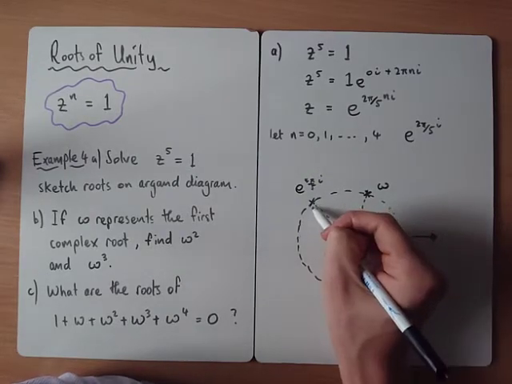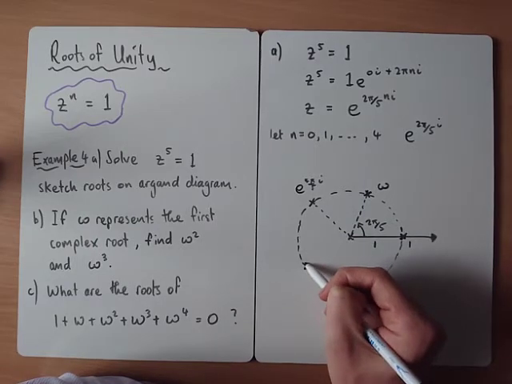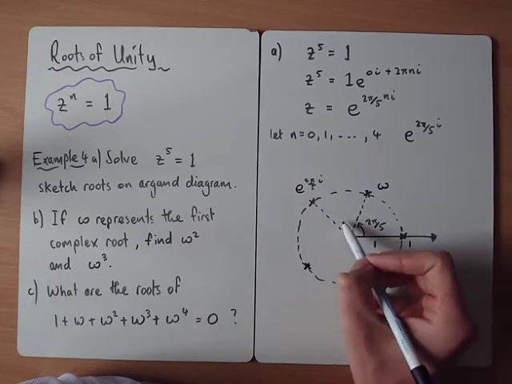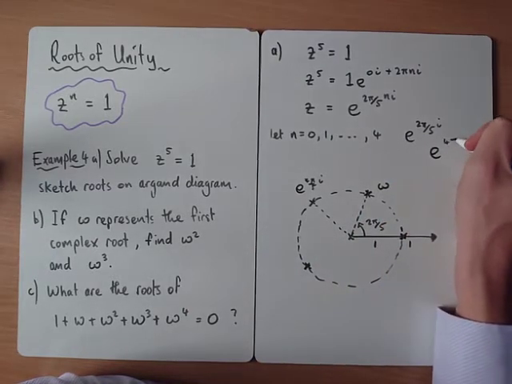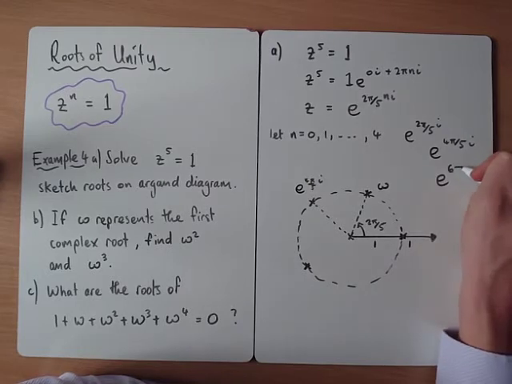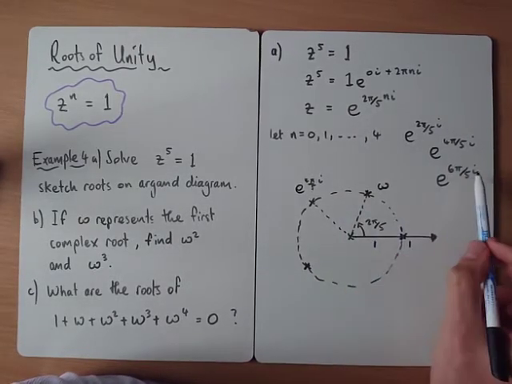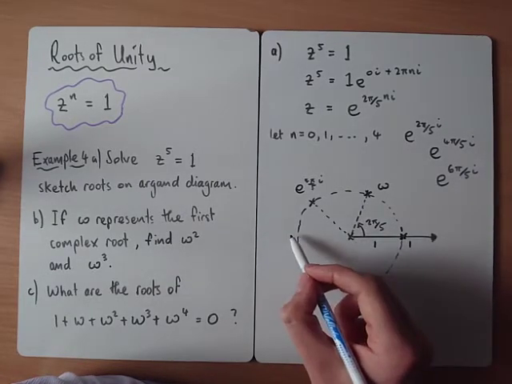The next root, and think about the symmetry of this. If it's 4 pi over 5, the next root would be e to the 6 pi over 5.